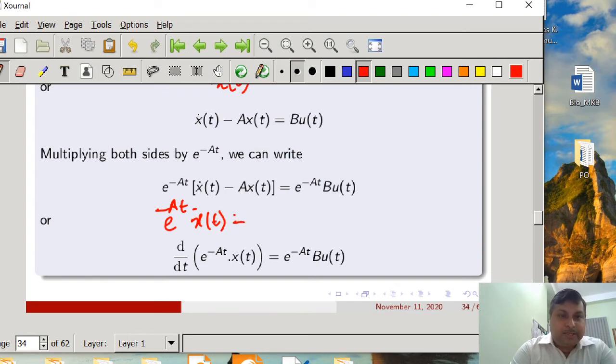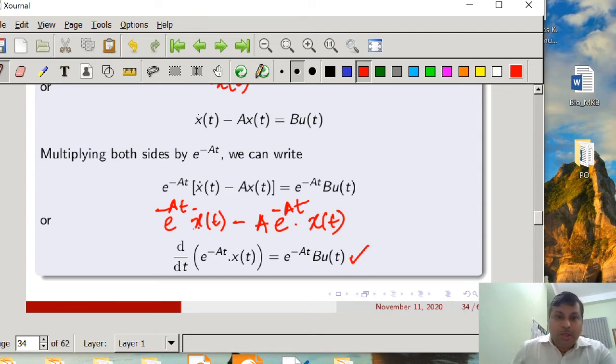Then minus, we get the derivative of e to the power minus at, so it is basically minus a into e to the power minus at, with xt kept fixed. Now if you take e to the power minus at common, you get x dot t minus a into xt, multiplied by e to the power minus at, and this side is as usual.